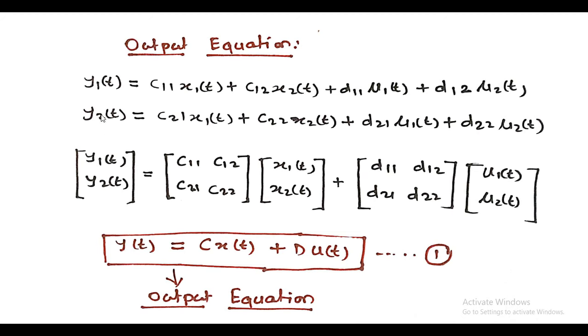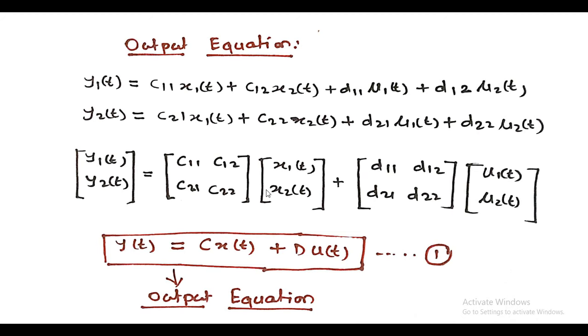So see carefully, these are the outputs y1t, y2t. These are the coefficients we have taken in this matrix, that is C11, C12, C21, C22, and these are the states x1 and x2, plus we have taken these coefficients, that is d11, d12, then d21, d22, as a different matrix multiplied with u1t and u2t, that is the inputs.